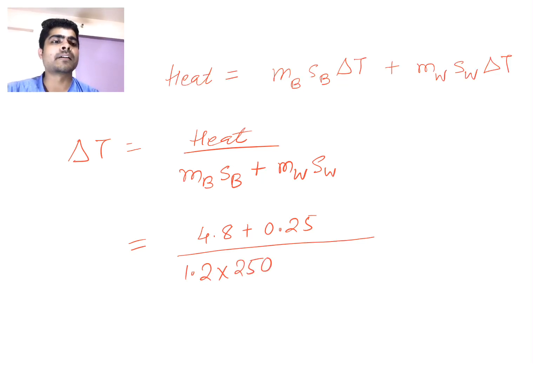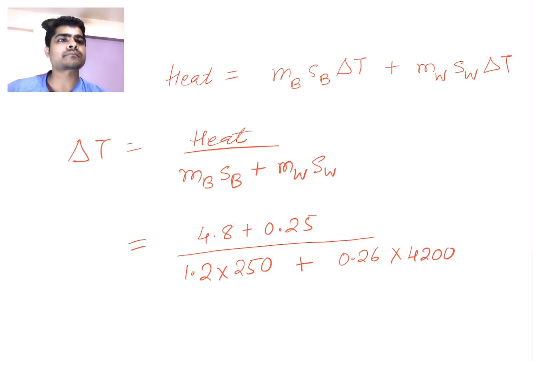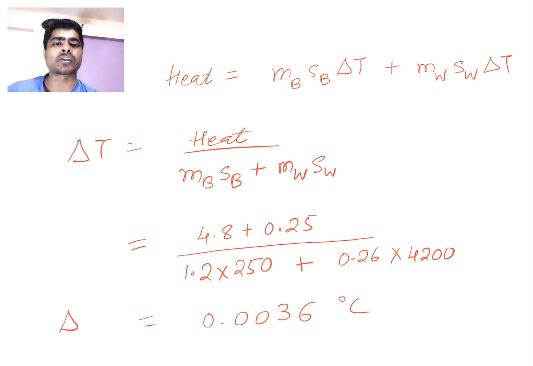So 250 plus mass of water is 0.26 kilogram into specific heat of water is 4200 joules per kilogram per Kelvin. So we have to solve this to find the change in temperature. So this will be equal to 0.0036 degrees Celsius. This is your change in temperature.